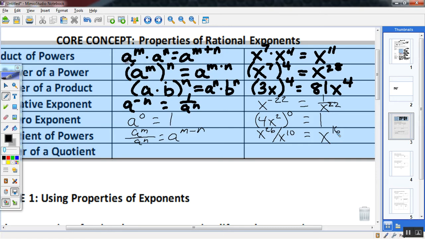And then the last one down here, what's it say? Power of a quotient. Well, like power of a product, we had this product right here. We brought the n into both the a and the b. Same thing. If I have a over b and we take this to the nth power, anybody want to guess?